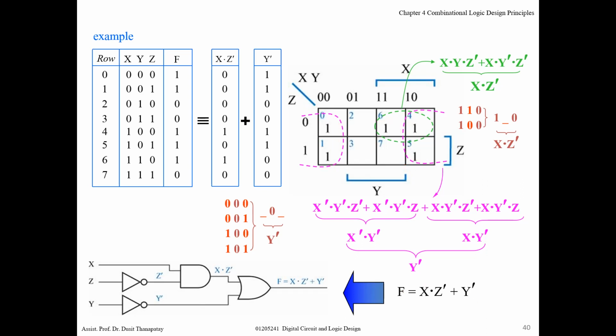Okay, and note, for this K-map I write down just the logic 1 output, because I focus only on logic 1 output. So from this K-map, I don't write 0 in this cell and this cell.